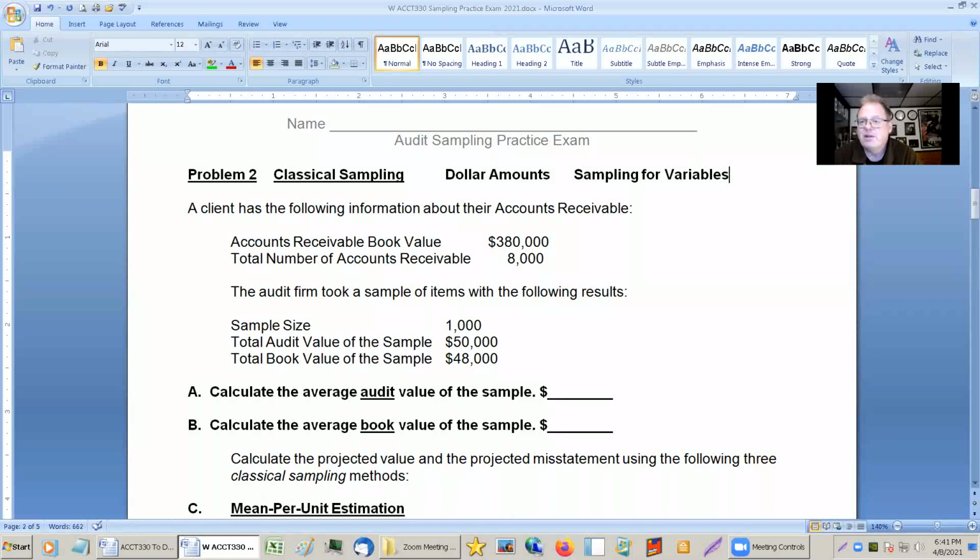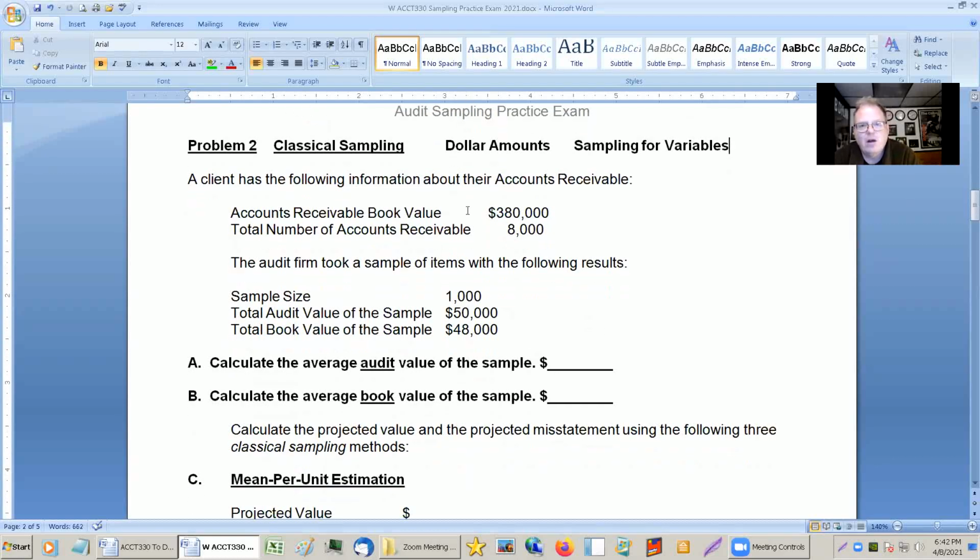There's a whole huge range of what that purchase order amount could be. So sampling for variables is different, first of all because it's dollar amounts, but also because it's variable. Something could be off by $1, something could be off by $10,000. There isn't just simply a yes/no thing.